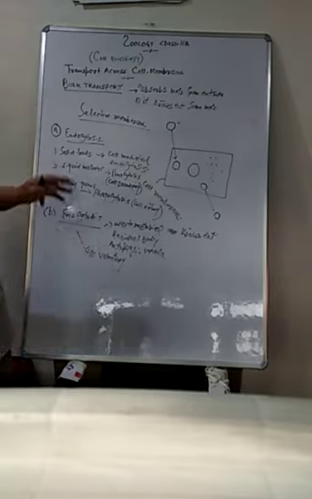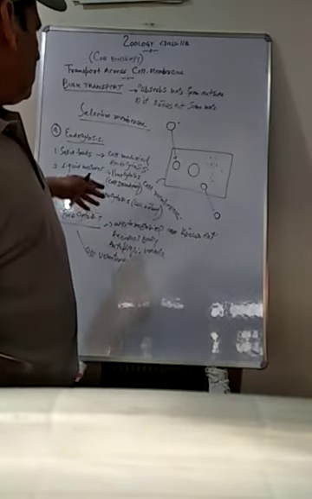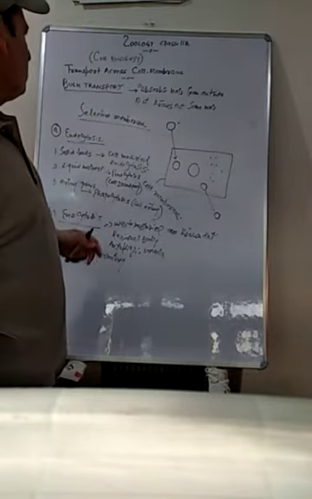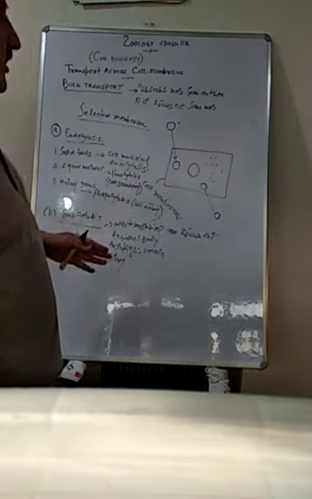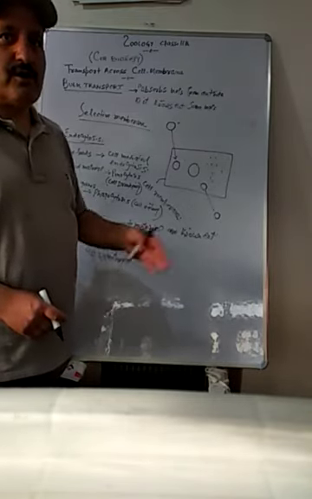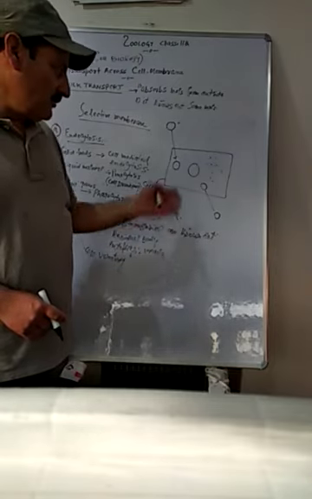So, dear students, these are the two main processes, properties of the cell membrane in bulk transport, and it helps in moving the material from outside inside or from inside to outside. And this is special.